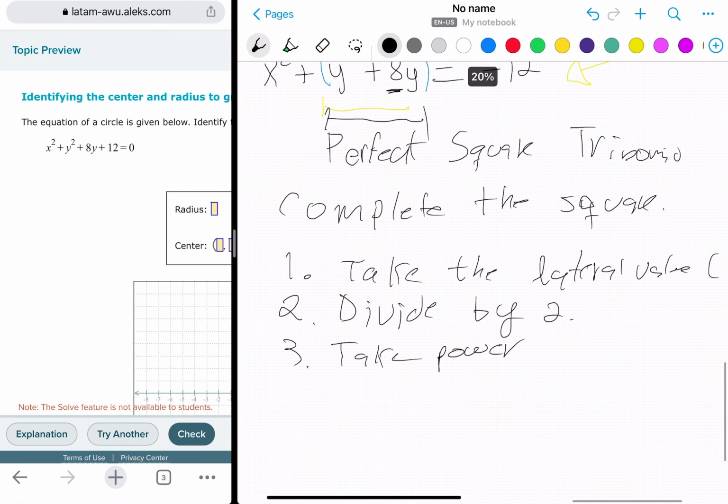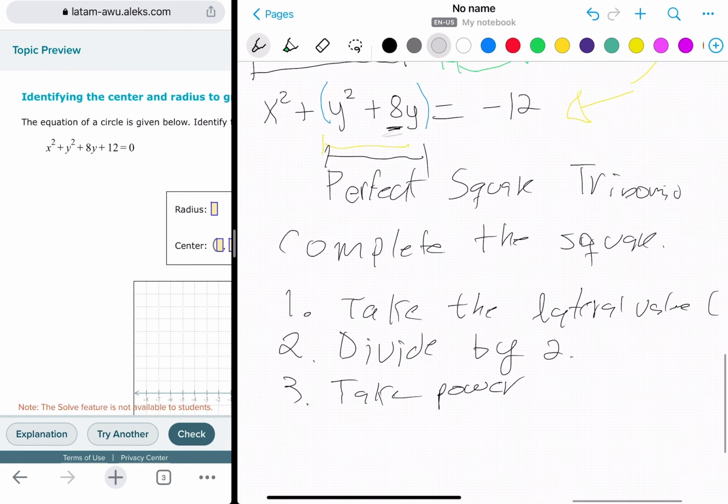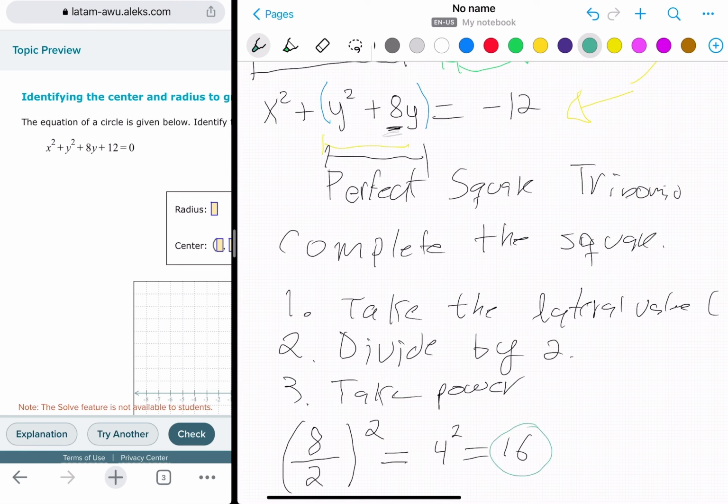So first, I take the second number here, which is 8. Then I divide it by 2, and then I take the power. What is the answer to this? 8 over 2 is 4, squared is 16. 16 is the number that I need to complete the perfect square trinomial in this one.